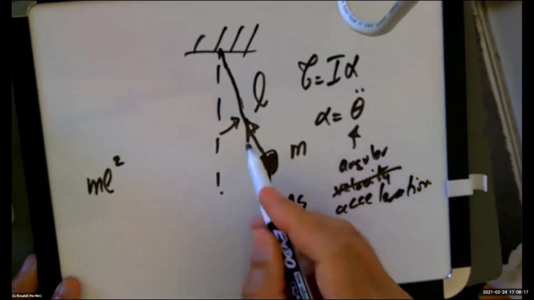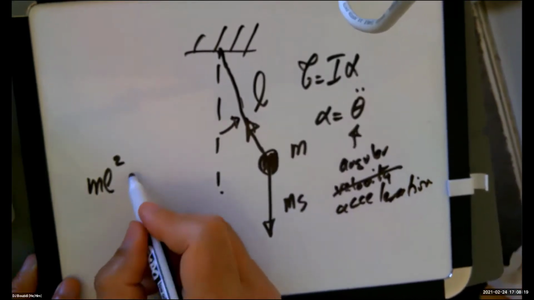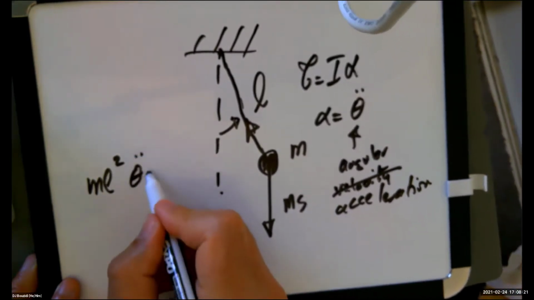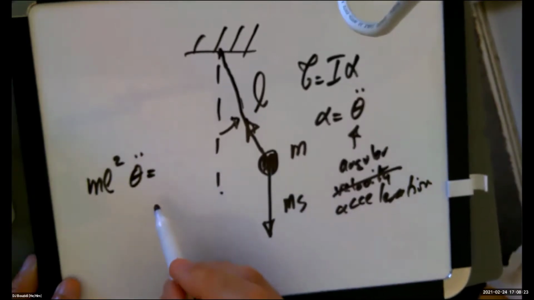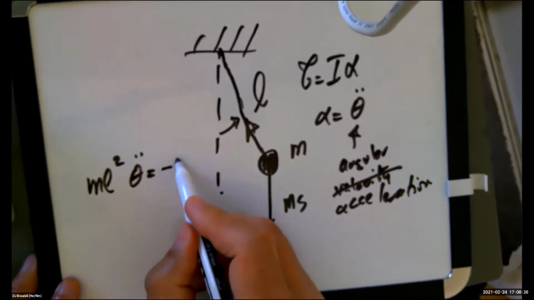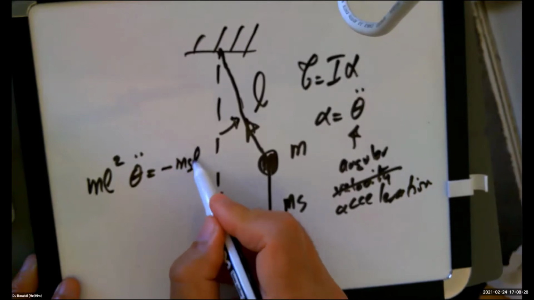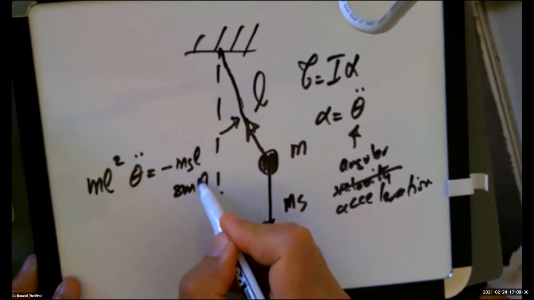Angular velocity usually is omega in this case. So mL squared times theta double dot is equal to the restoring force, which is going to be complicated. It's going to be minus mg times L times sine of theta.